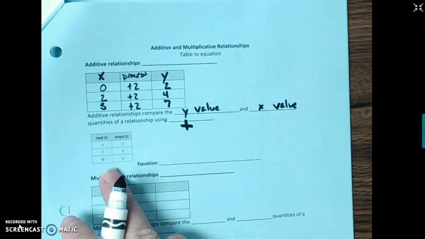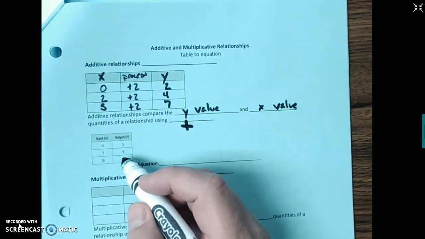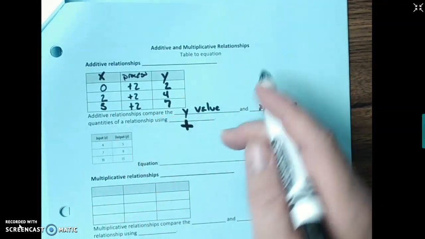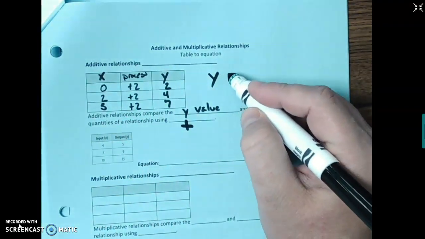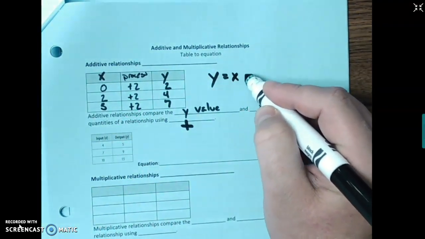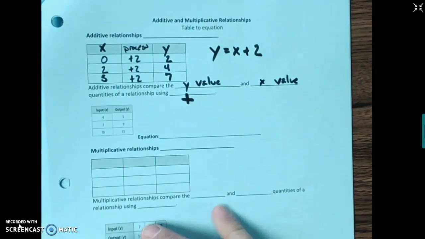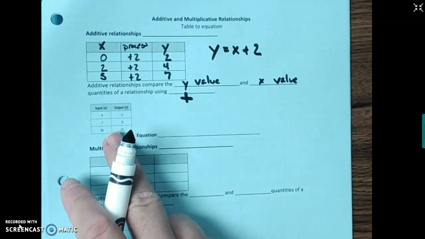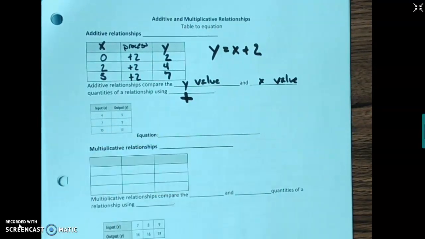And here's another example. So for this example right here that they give us, actually let's use this one. My y value always equals my x value plus 2. See if you can figure out the equation that goes with this table. So pause your video.